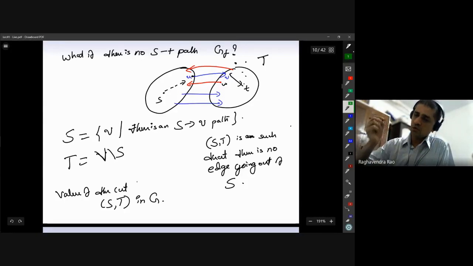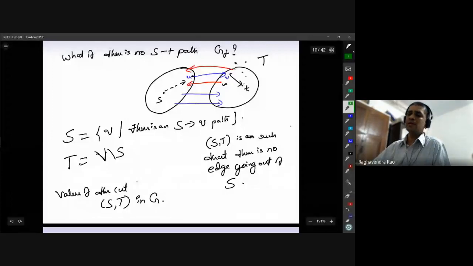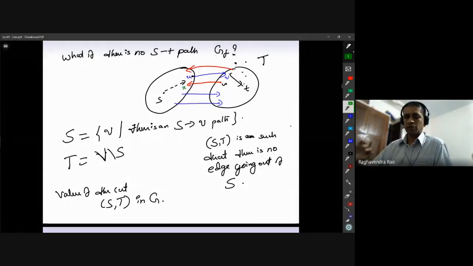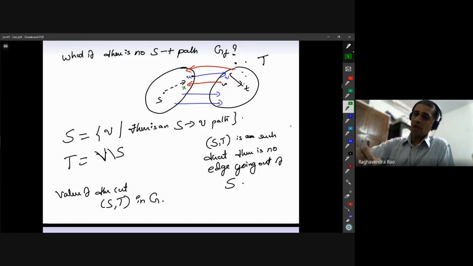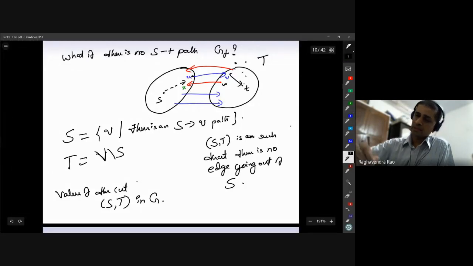Say I'll take this vertex as X. So WX is a backward edge. Now, if you go back and look at the definition of residual capacities, we would have given the pair XW the capacity of F of WX.